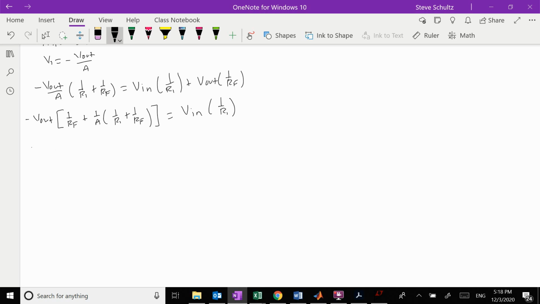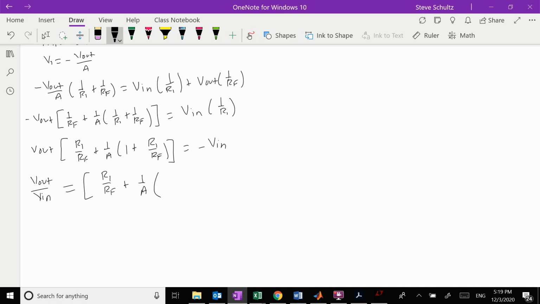So we have V out times R1 over RF plus 1 over A times 1 plus R1 over RF equals minus V in. And so then we get V out over V in is equal to R1 over RF plus 1 over A.